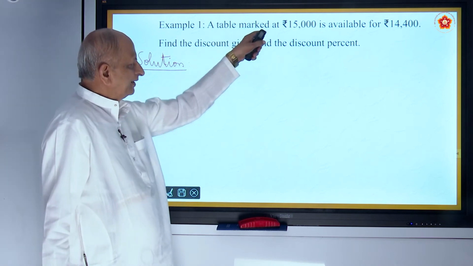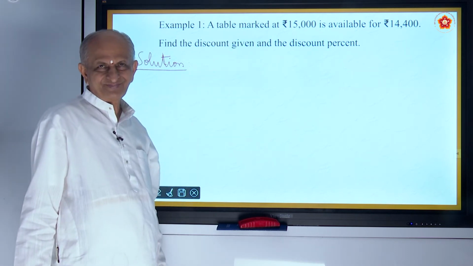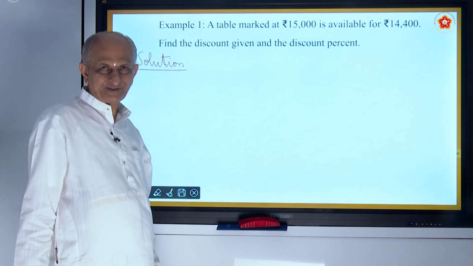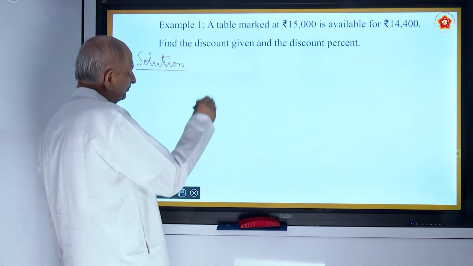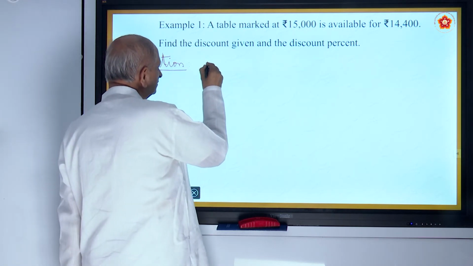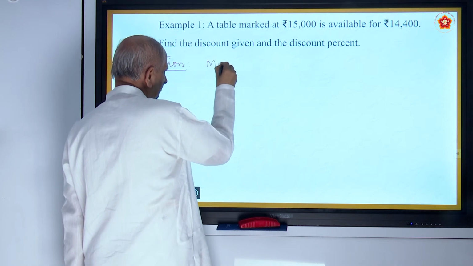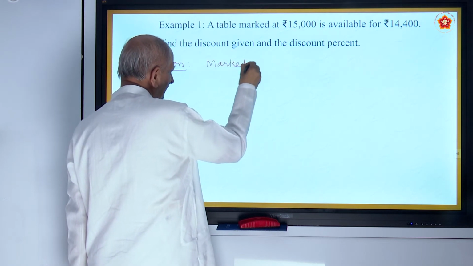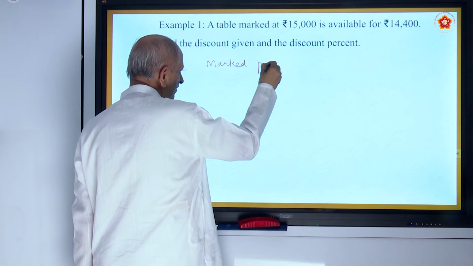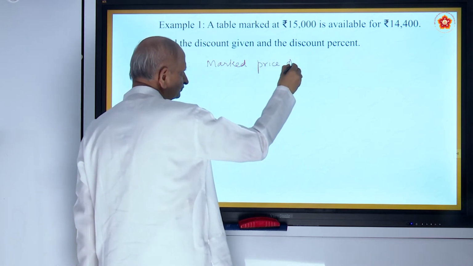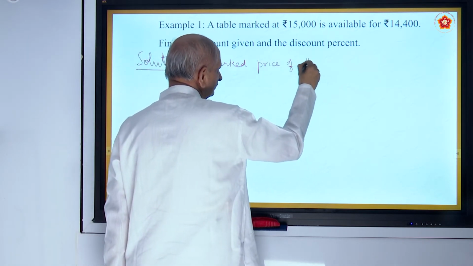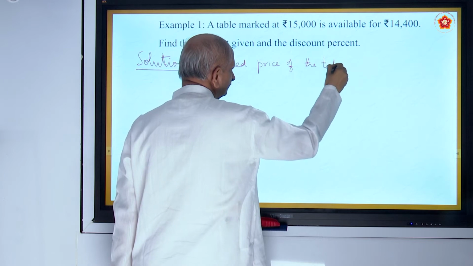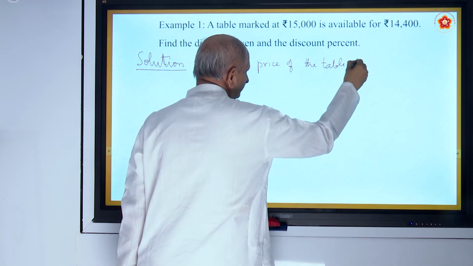I think all of you have a table in your house, right? So in some schools also they provide. So first step, marked price of the table. It is rupees 15,000.